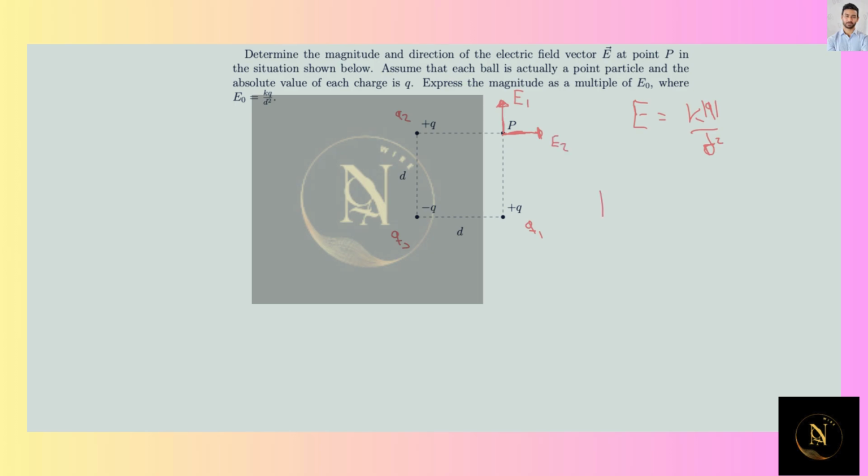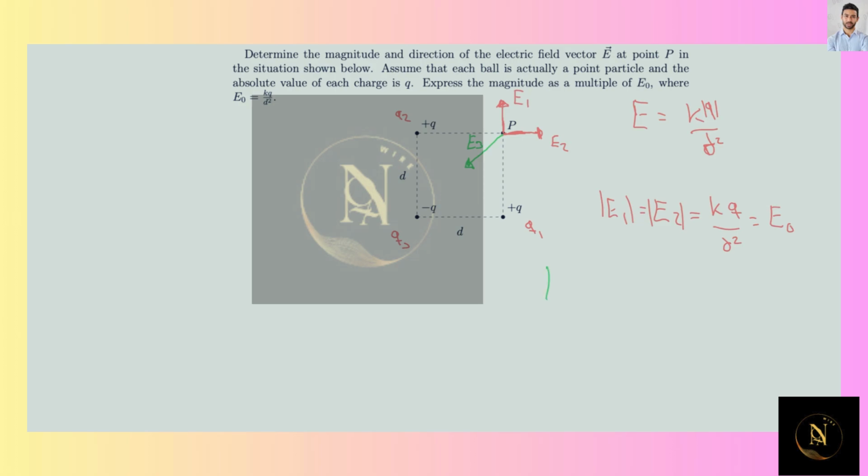The magnitude of E1 and the magnitude of E2 are going to be the same because they are both of the same distance, and this is going to be equal to kq over distance squared, which we are told to be equal to E0. And then we're going to have the magnitude coming from Q3, that is going to be this vector over here. This is going to be electric field 3.